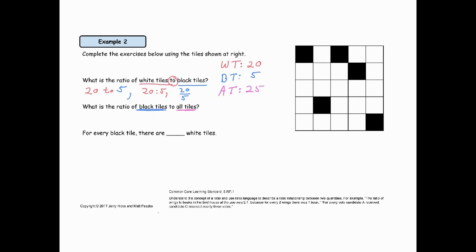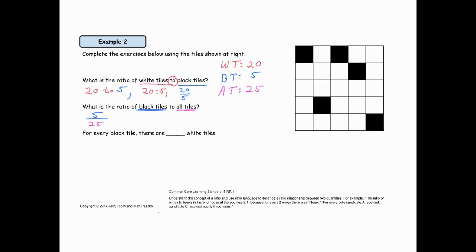Writing it just as a fraction, black tiles to all tiles is 5 to 25. As a ratio, written as a fraction, you could also see that we might be able to reduce this. 5 to 25, I see that there's a common factor, both in the numerator and denominator, a common factor of 5.